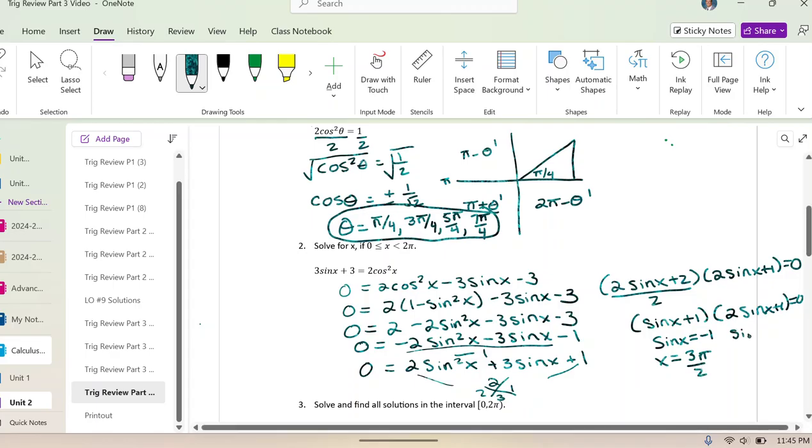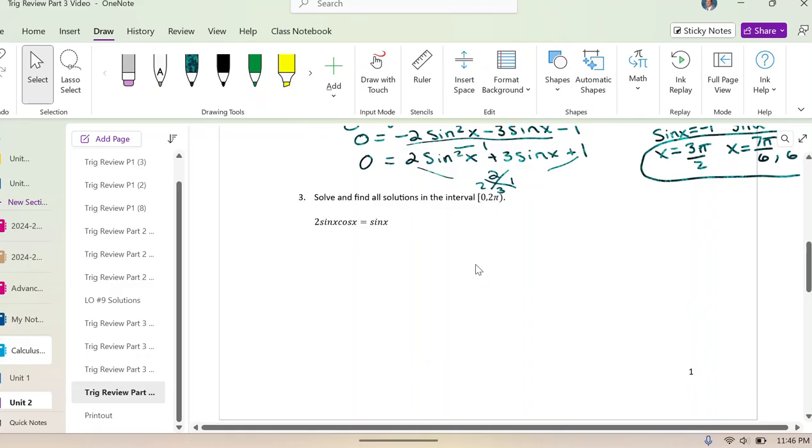Here the sine is going to be negative 1/2, and that is a pi over 6 angle, and the sine is negative in the third, so pi plus pi over 6 is 7 pi over 6, and 2 pi minus pi over 6 for the fourth quadrant is 11 pi over 6.